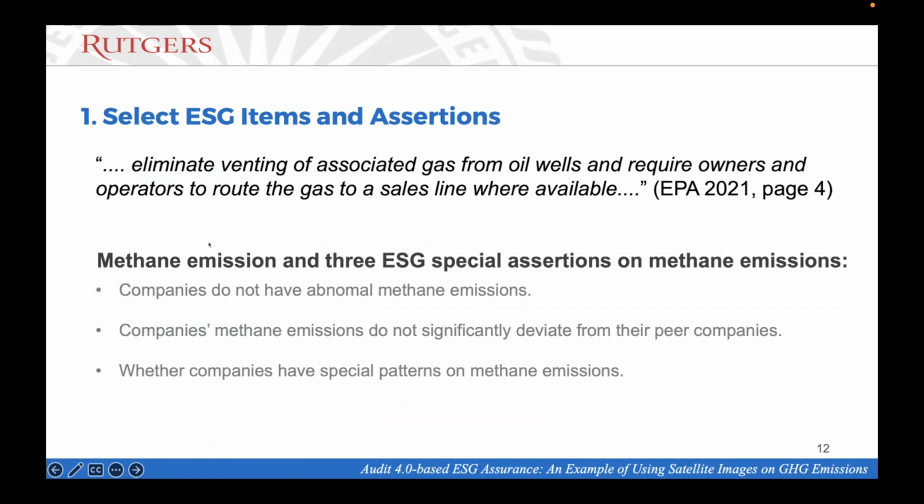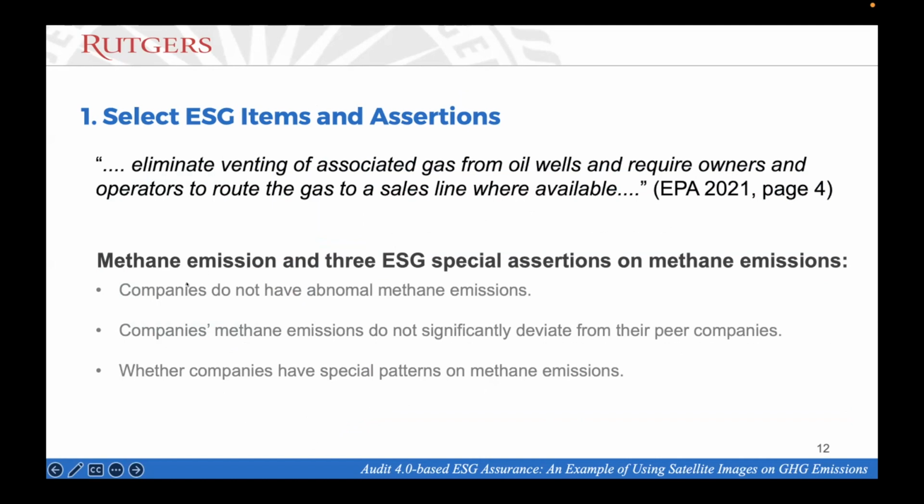Here we focus on methane emissions, and we searched the related regulations. The EPA, in their proposal, required eliminating venting of gas from oil wells. In other words, they require there to be no methane emissions in the future.